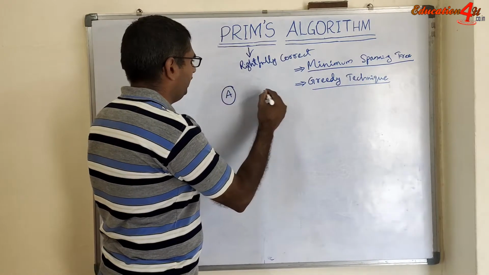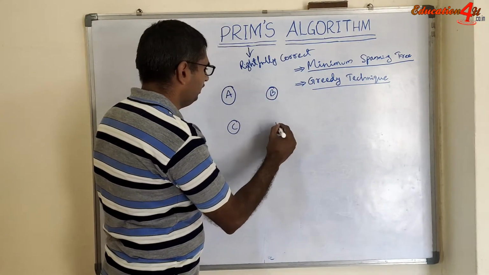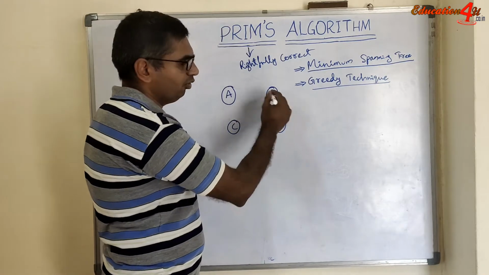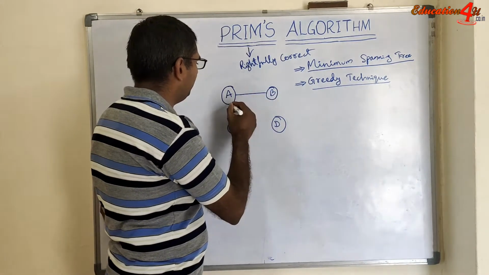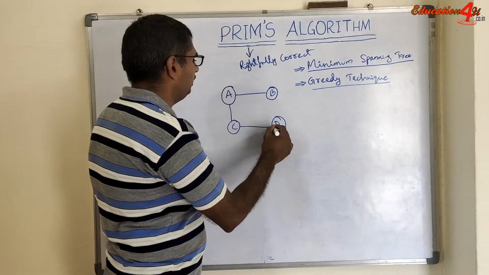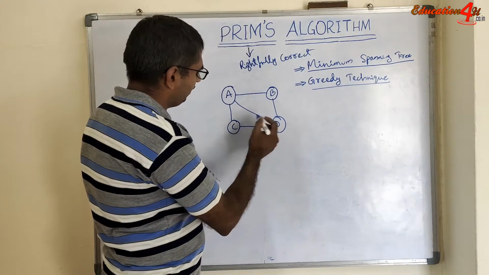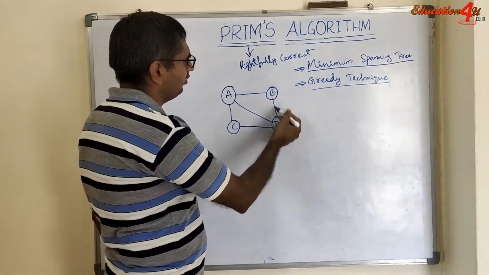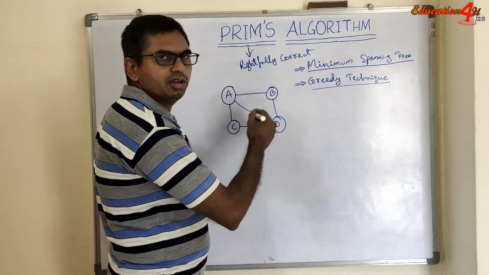Suppose A, B, C, D. There are four vertices in the given graph. A is connected to B, C, and D. D is connected to C. D is also connected to B. So now we will put weights.